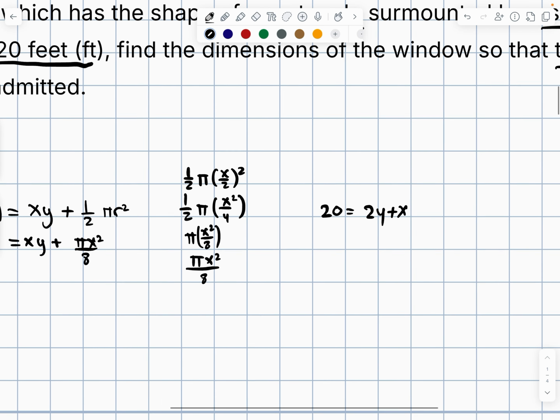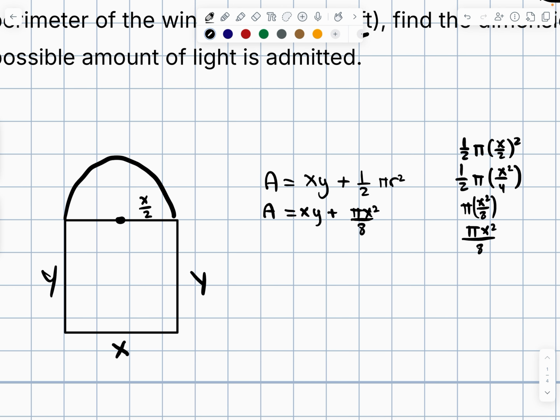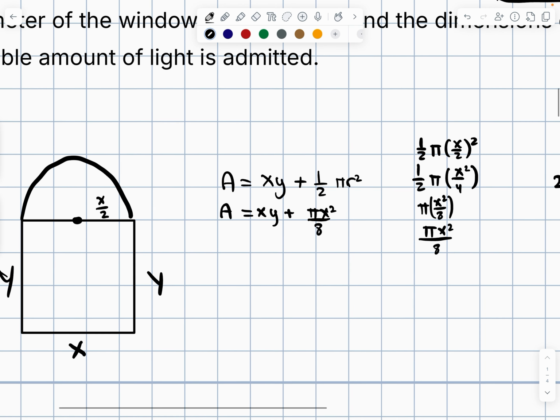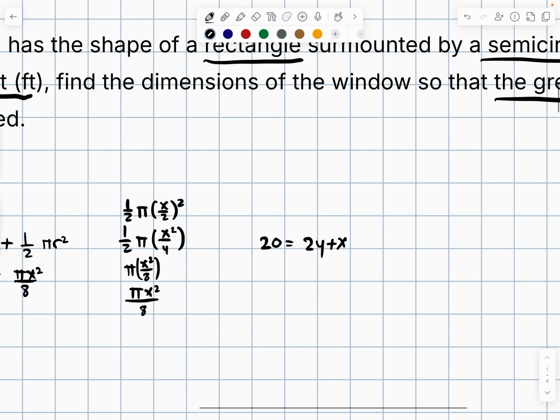And now we need to figure out the semicircle. The perimeter for a regular circle is 2 pi r, but since we have half of that, we're just going to write plus pi r, and r is actually x by 2, so we're going to have pi x by 2. That's the formula we have.